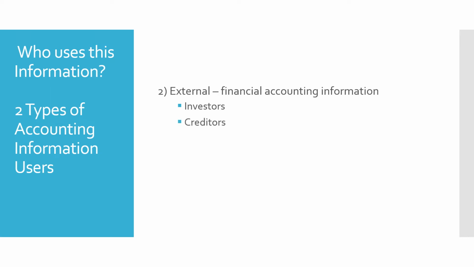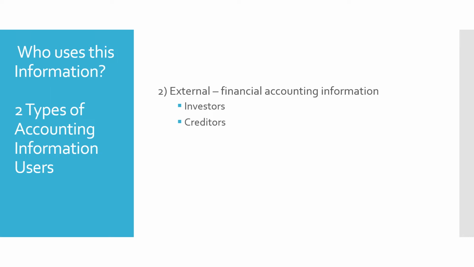The other primary type of external user is creditors, or companies or individuals who are loaning money to the company. So if the company has a loan from Bank of America, Bank of America is the creditor.